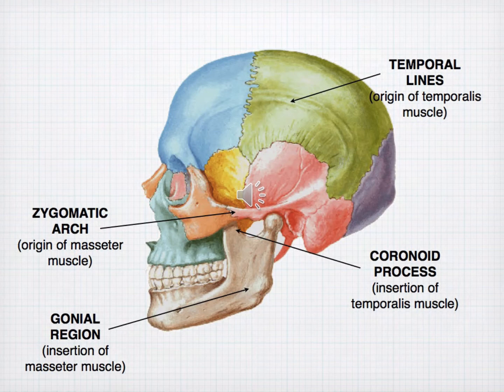I've provided here a number of different landmarks for the muscles that were just previously described. As I mentioned before, any area on bone that contains muscles that are pulling in a particular direction will need some type of bony anchor so that it actually can be functional.